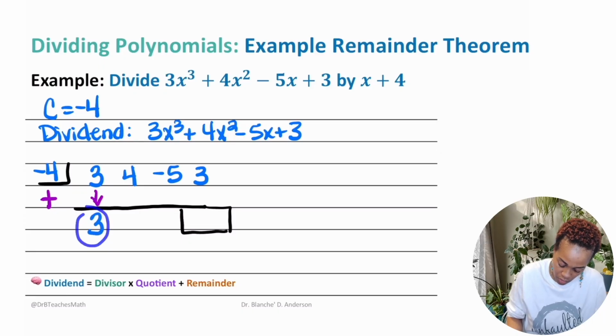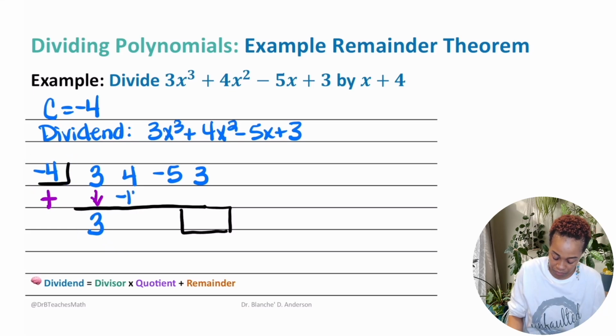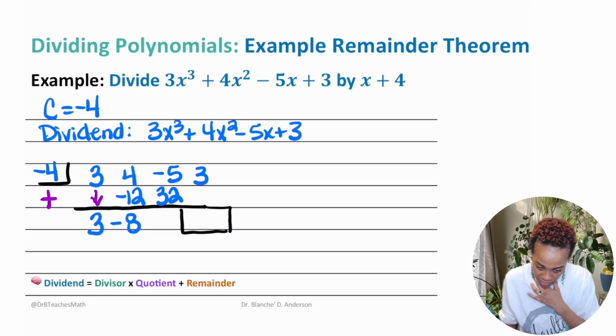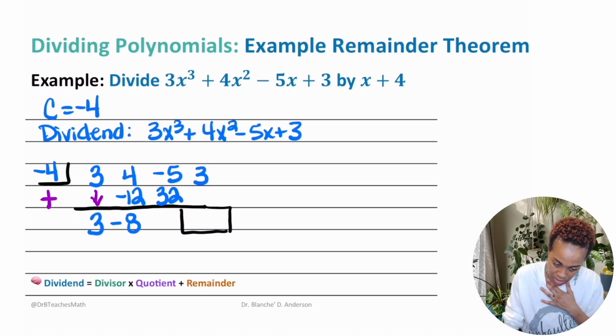3 times negative 4 is going to give me a negative 12. And then 4 plus negative 12 is a negative 8. Negative 8 times negative 4 is a positive 32, right? And then negative 5 plus 32 is 27.